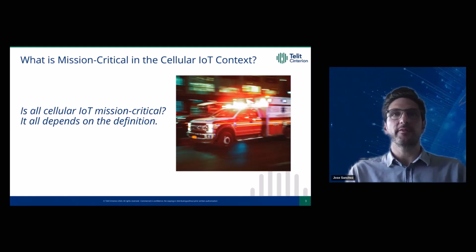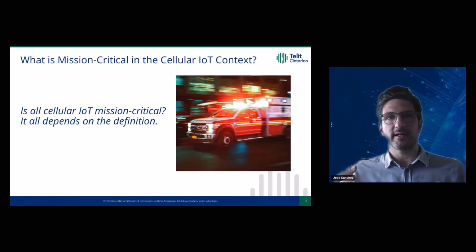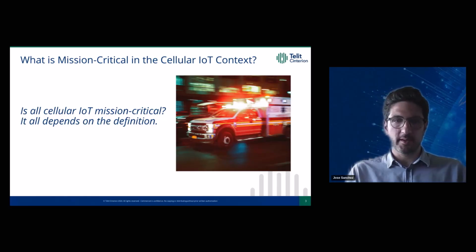There's a lot of buzz in the market about this kind of applications and how to actually improve in general the availability of cellular for IoT. So how to, at the end of the day, reduce risk of downtime, improve customer experience, and improve return on investment for enterprises that are utilizing IoT, cellular IoT technology in particular.